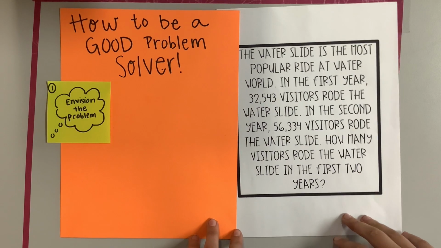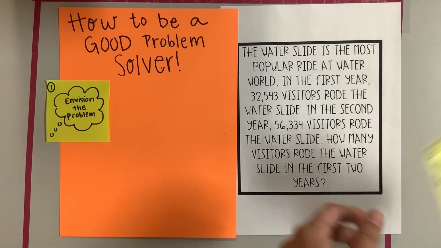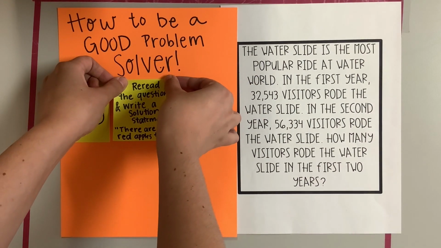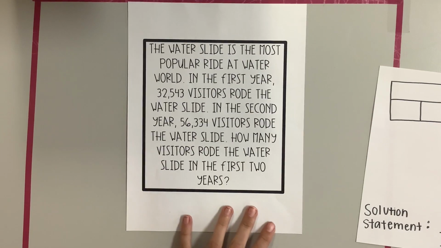So after we envision the problem, then we need to reread the question and write a solution statement. How many visitors rode the water slide in the first 2 years?